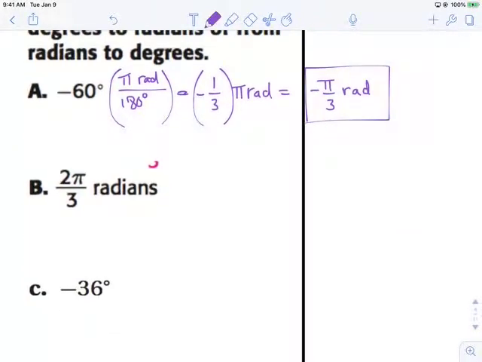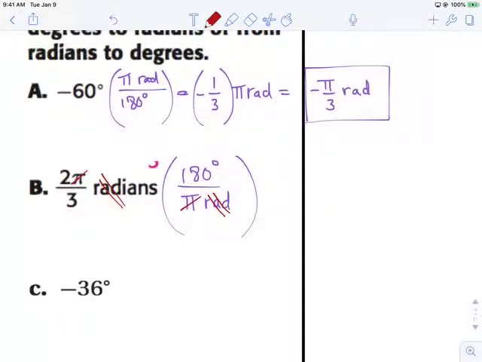All right, well, let's go the other way now. I'm trying to go from radians, so what needs to be in the denominator? Radians, right? So times by 180 degrees divided by pi radians. And you can see some things are going to cancel here. Pi cancels with pi. Radians cancels with radians.